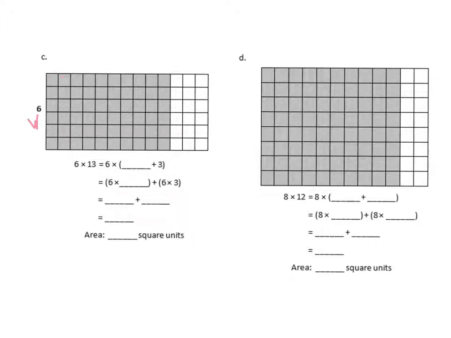So I have 1, 2, 3, 4, 5, 6, 7, 8, 9, 10. There is 10 for the shaded part. Now let's take a look at the unshaded part. How many squares do you see that will represent the width, or the length? There are 3. So when I combine 10 and 3 together, I get 13.